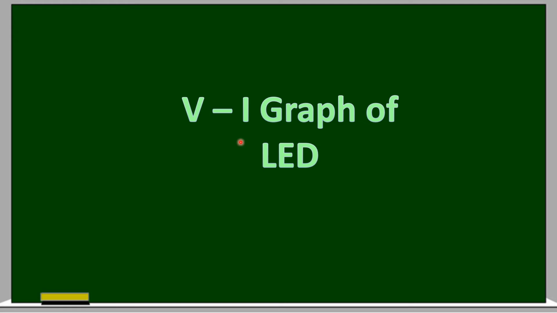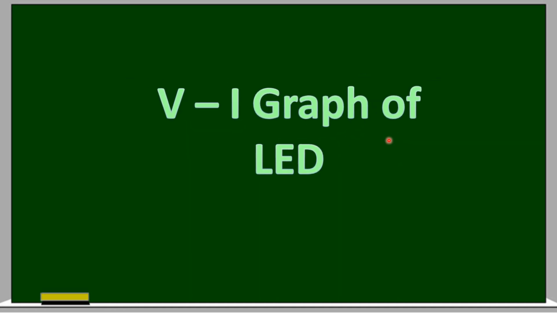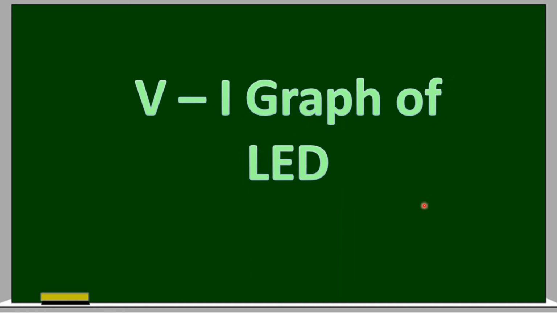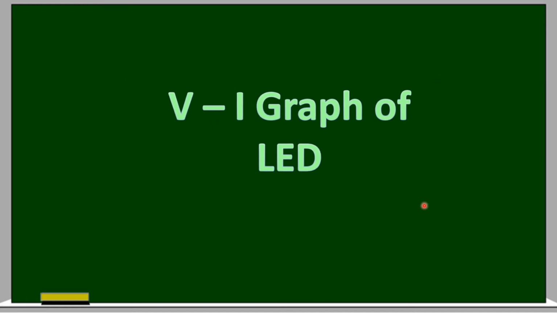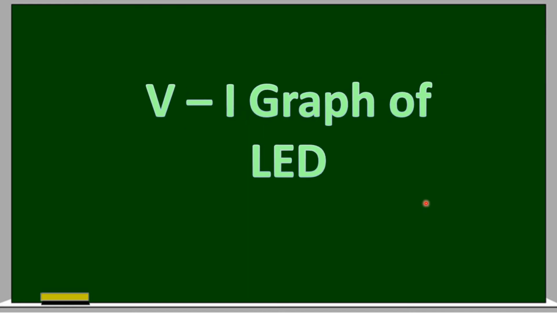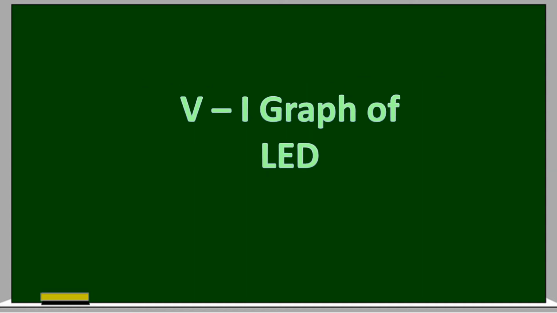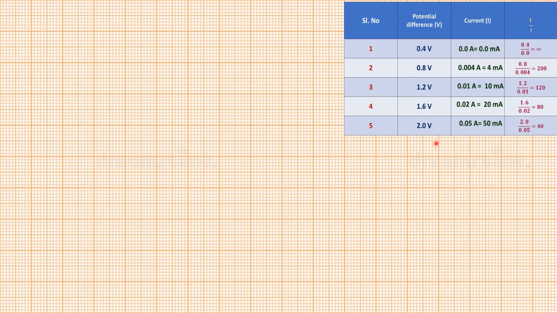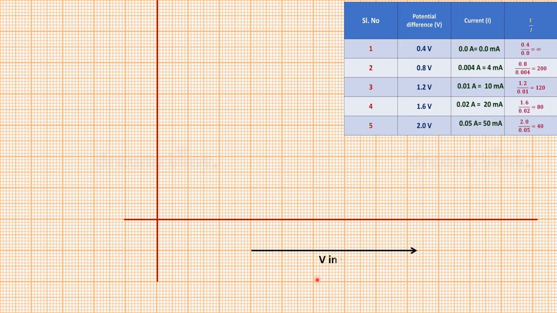So let us draw the VI graph, the voltage versus current graph of the LED, taking voltage on the x-axis and current on the y-axis. What type of graph do we get? Let us see here. This is a graph paper. So these are the values we just got in the case of the LED.